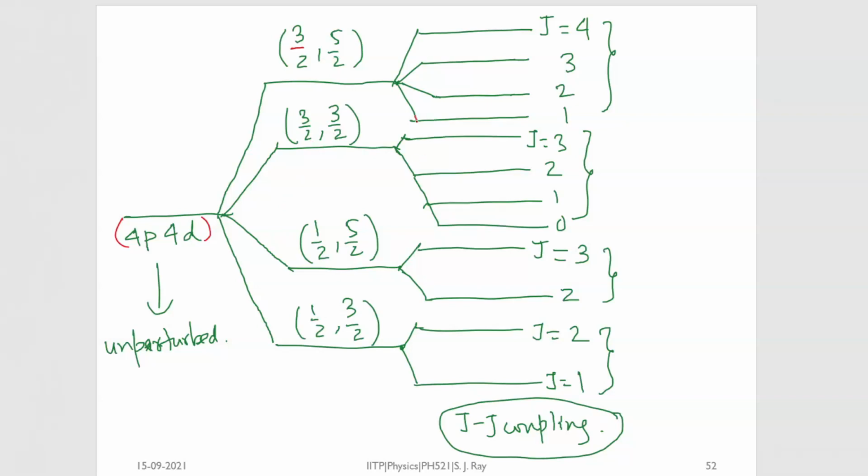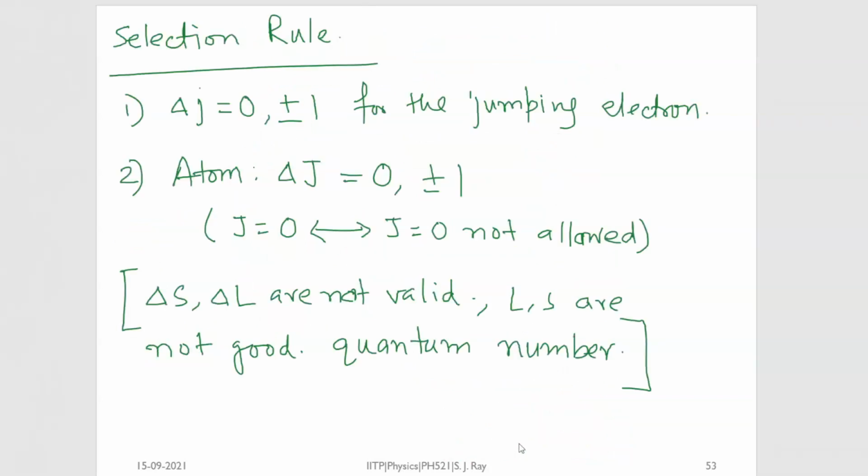If I couple these individual J, here this is my J1, here this is my J2, then I get the total value of J. For the first case we get J equal to 4, 3, 2, 1, then J equal to 3, 2, 1, 0, then again 3, 2, and then 2, 1. These splittings happen as a result of JJ coupling.